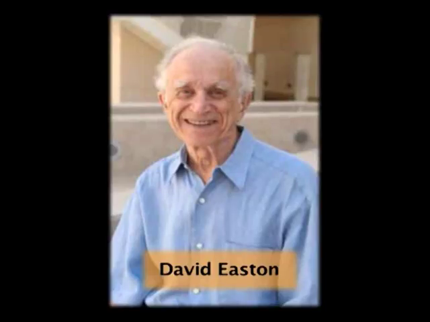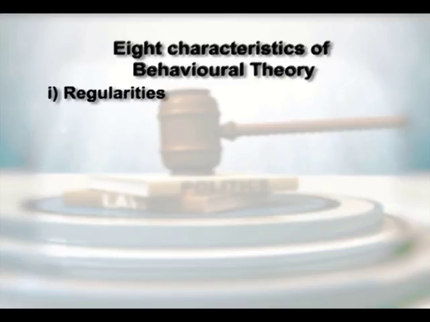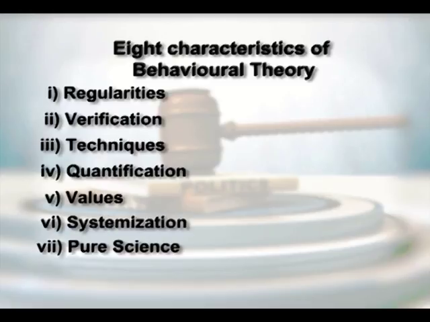The most important, I should say the high priest of behavioralism, David Easton, wrote in 1967 and pointed out eight characteristics of the behavioral approach. To mention them: regularities, verification, techniques, quantification, values, systematization, pure science, and integration.